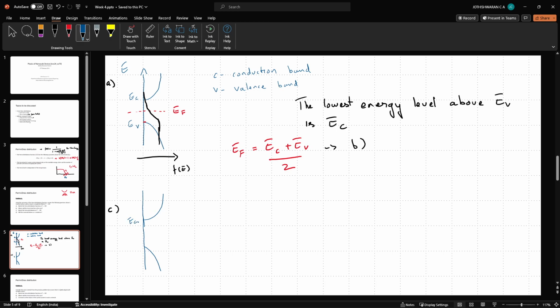So this is EC and EV, and EF this time is going to be right in the middle, and at T equal to 0 Kelvin, so this is T greater than 0, and so over here the Fermi distribution function is going to be flat all the way here, and it will immediately cut off to 0 at this point. So this is EF, and this is f of E. So this is for T equal to 0 Kelvin.